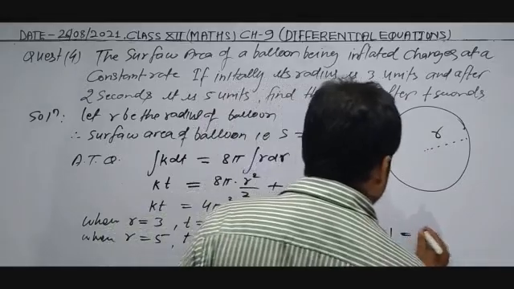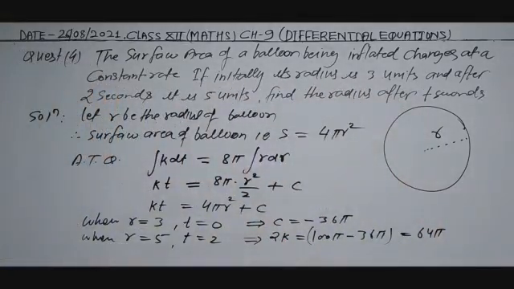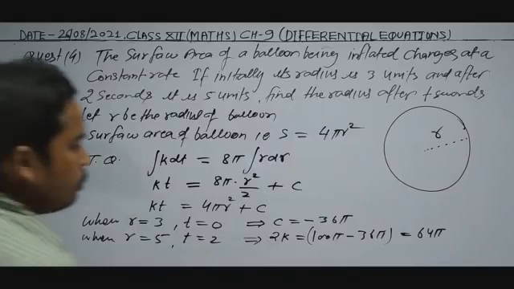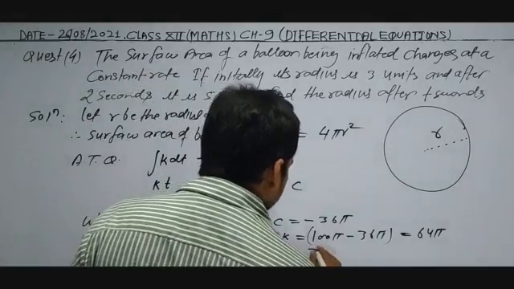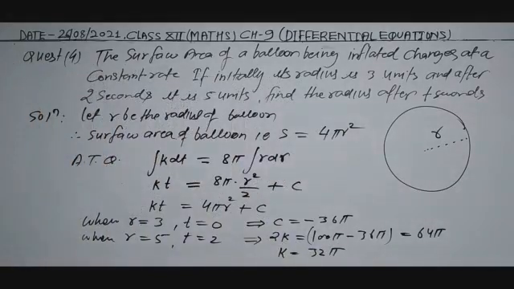The result will be 64 pi, and now the k value will be equal to 32 pi.